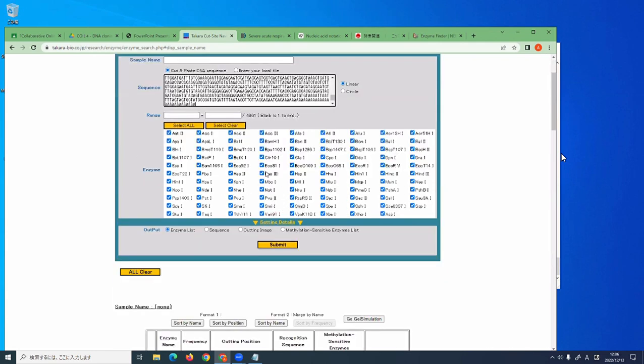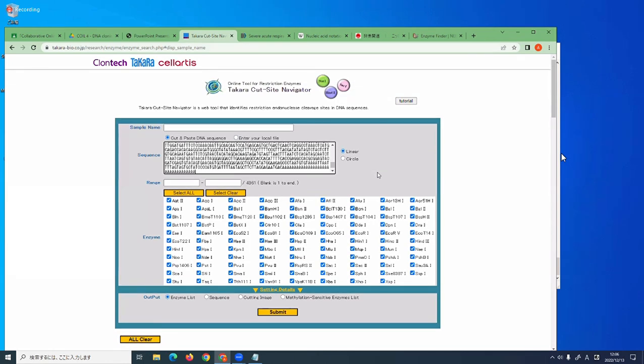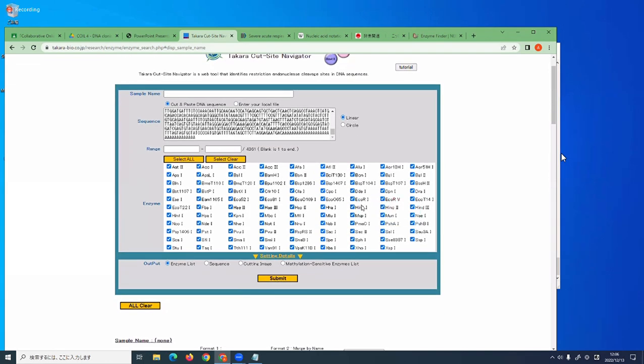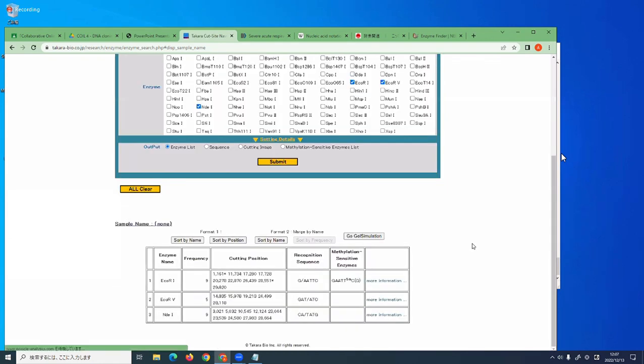So for our insert, since we identified, for example, EcoR5, EcoR1 to be our target, we can clear the selection, just choose EcoR1, EcoR5. And we have NDE as well just now. So let's find NDE1 and just search in our sequence whether it will cut that.